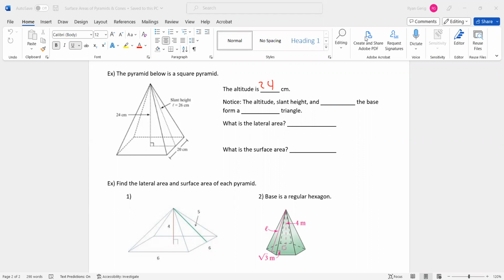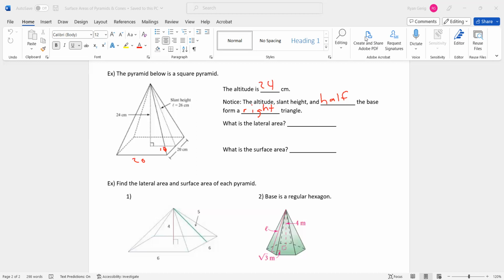And I want you to notice that the altitude, the slant height, and half the base form a right triangle. You're going to use that right triangle to find altitude, slant height, and other things in this problem. I told you the base is a square, so this is also 20, which means that this is 10. You could also do the Pythagorean theorem to find that that's 10.